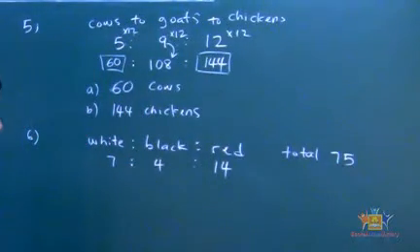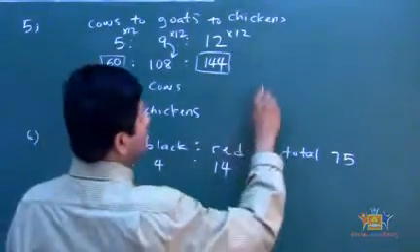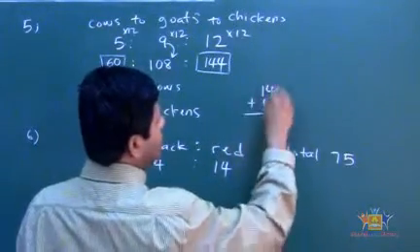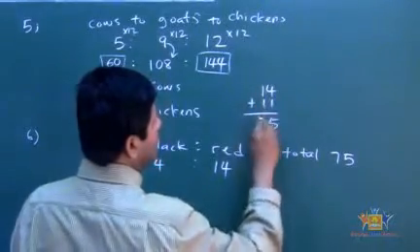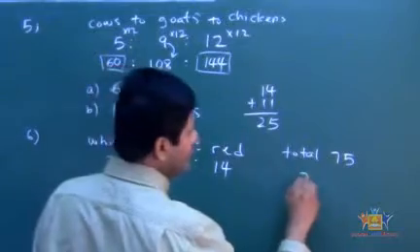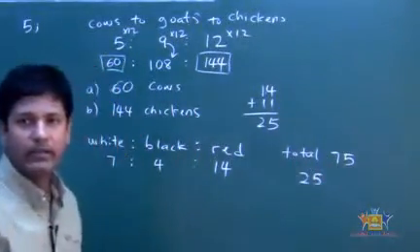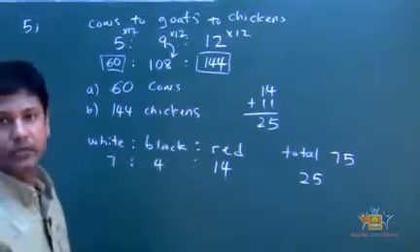Proportion. Alright, so let's add them. 7 plus 4 is 11. 11 plus 14 is 25. Alright, so that means 25 parts represent 75.